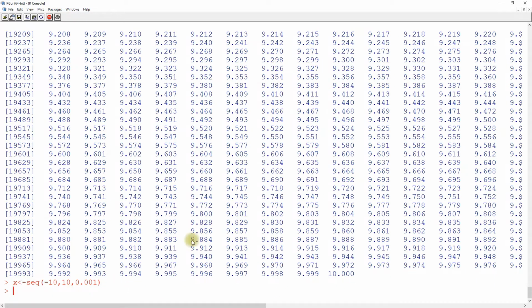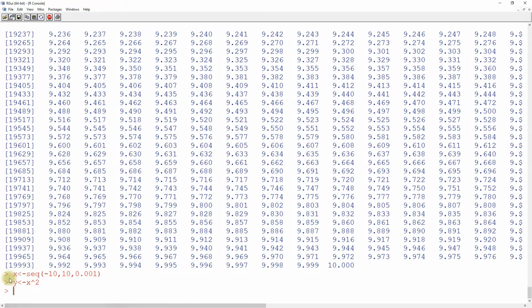Here we go. I run the x, and then I'm going to create a y, which is x squared. So what is happening here? The x is like our weight w, and the y is representing our Ed. Ed means the sum of squared errors. So we have the weights here and the errors which are defined as x squared.